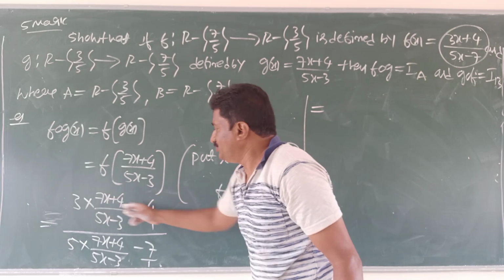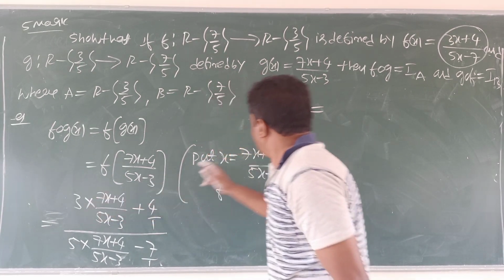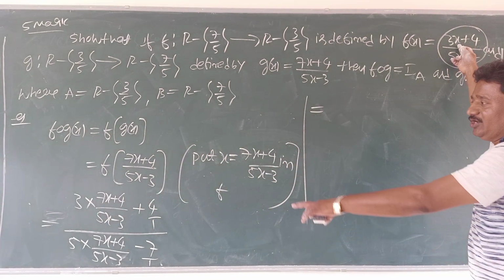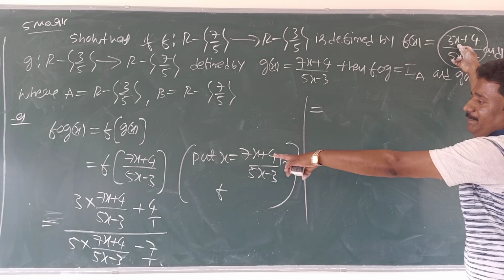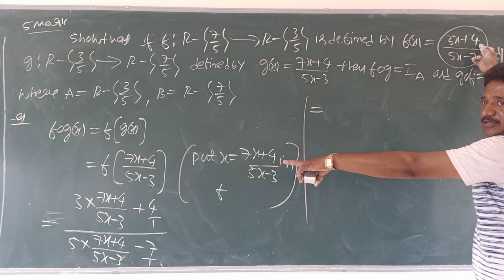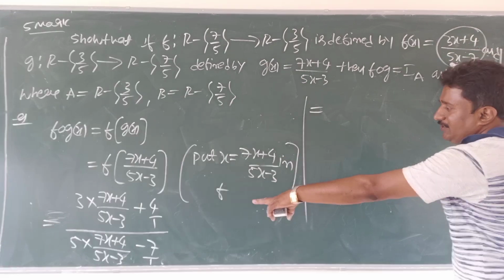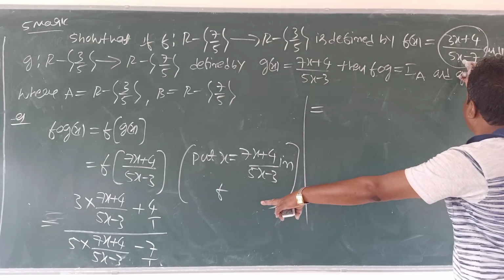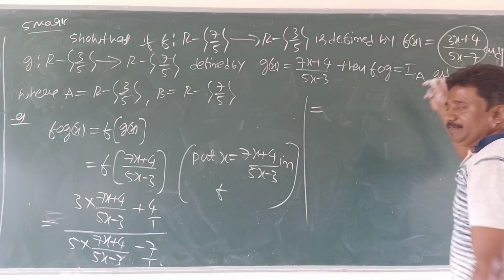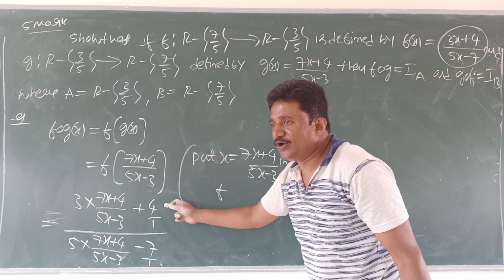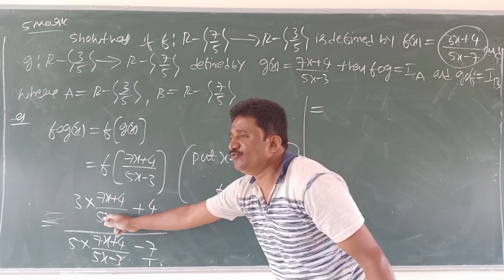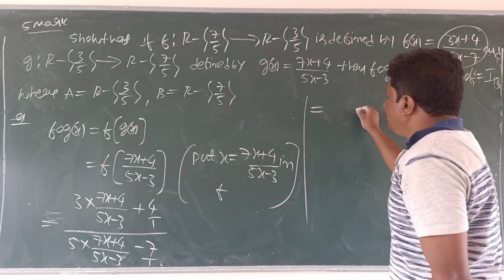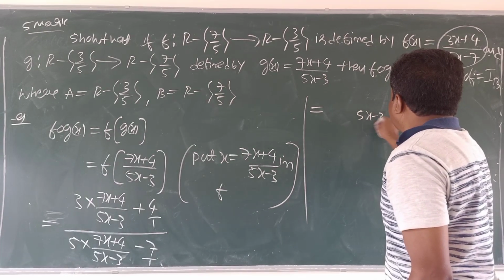What is the LCM of these two? 3 into (7x + 4)/(5x - 3) plus 4, by 5 into (7x + 4)/(5x - 3) minus 7. 4 by 1 means 4 only. What is the LCM of these two? 5x - 3. The LCM is 5x - 3.